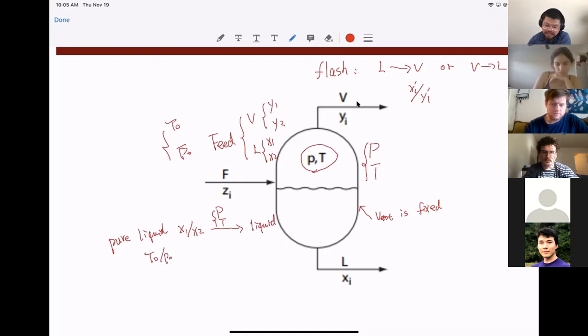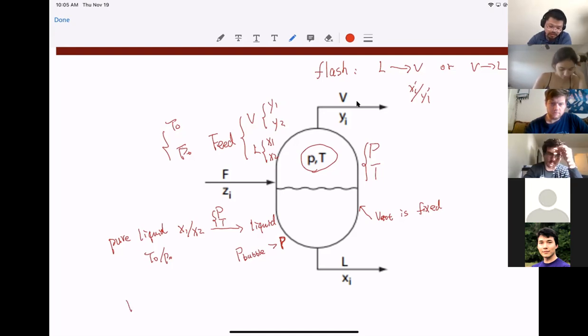So if at that condition, the bubble pressure is greater than the specified pressure, then you cannot have any bubble, because you have not reached this critical pressure to form the first bubble.